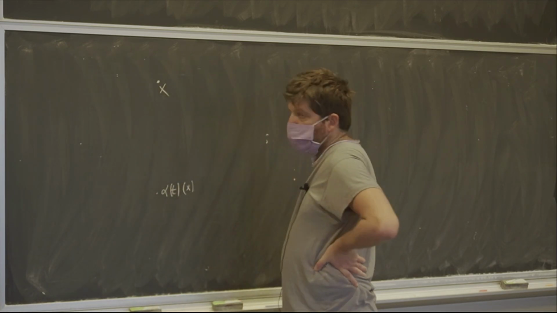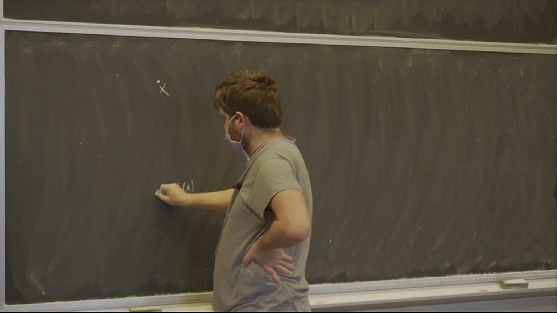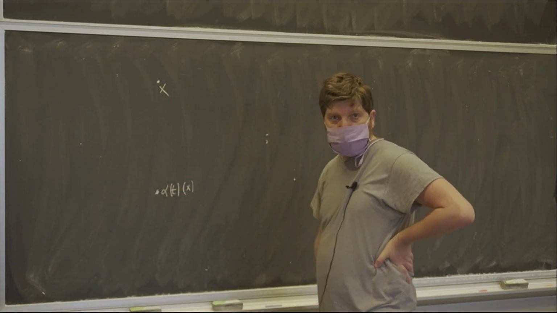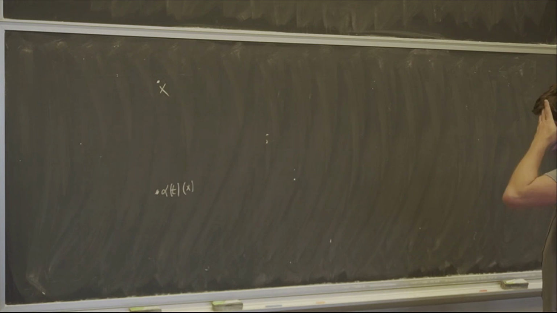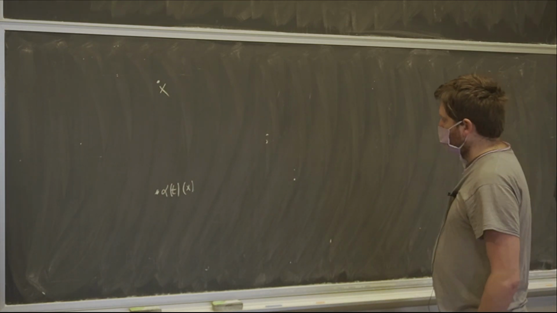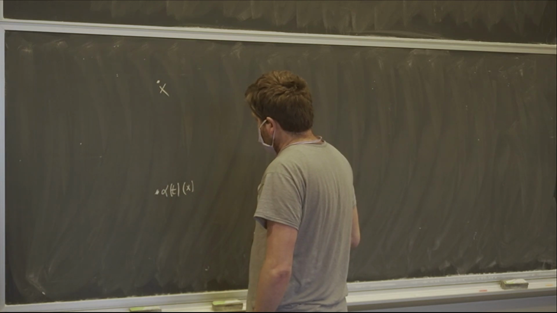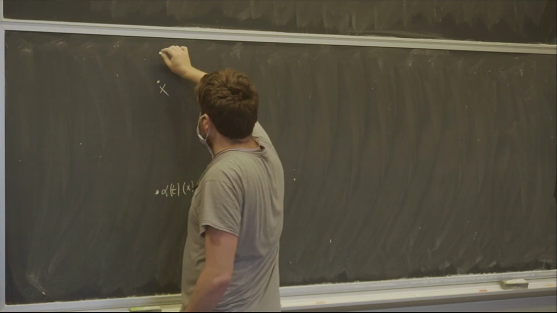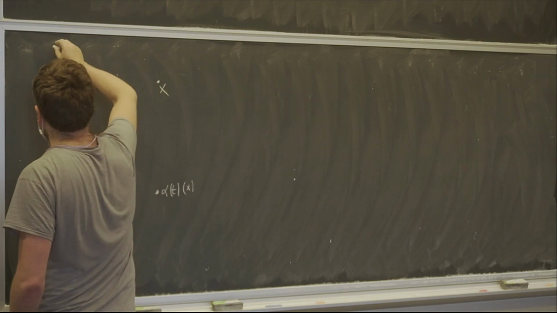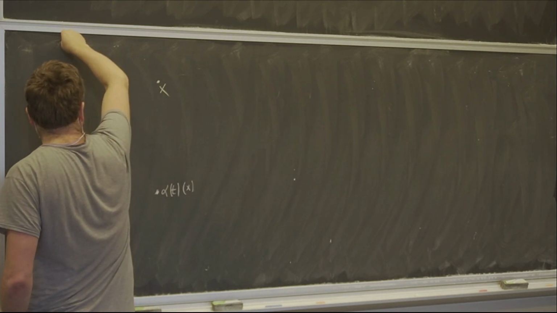I have alpha t of x, the iterate of the point, both belonging to the same relevant set. Now I look at things in coordinates, so where should I put it? Yeah, I should put it here.